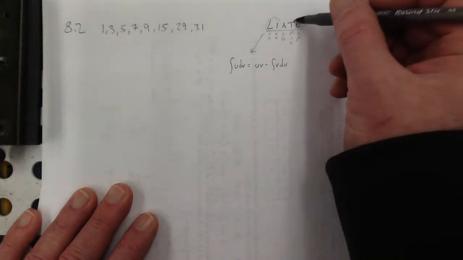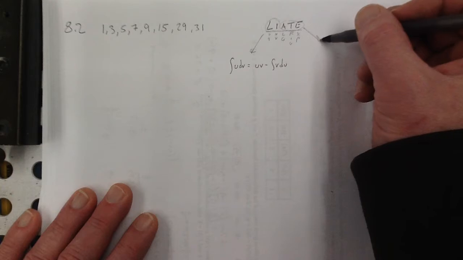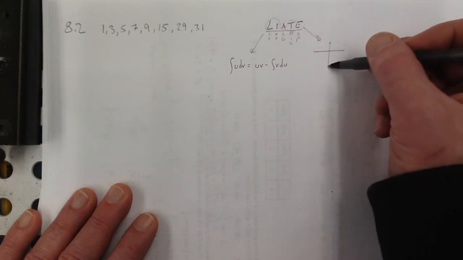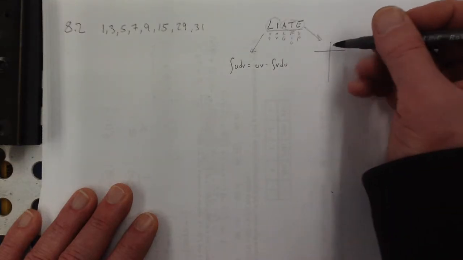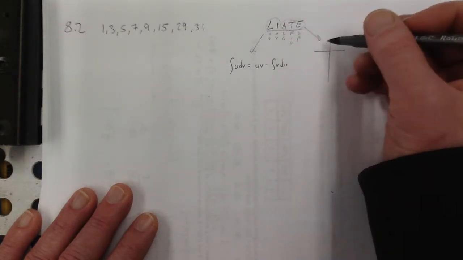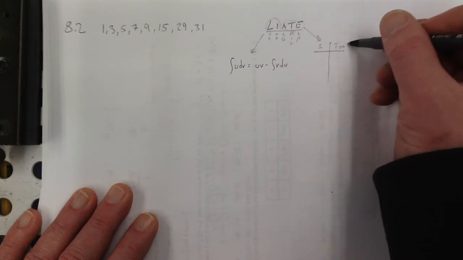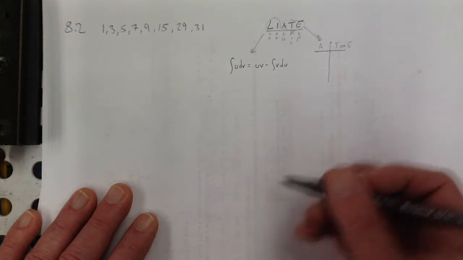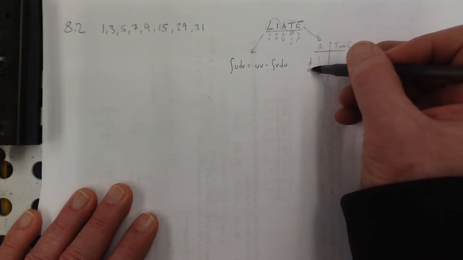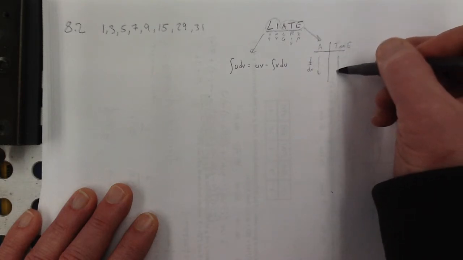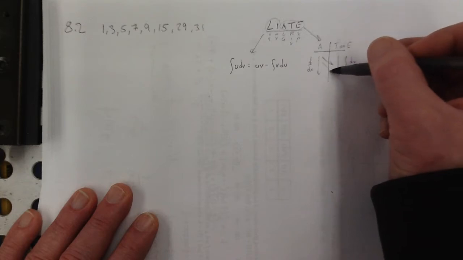Now, if you only have the ATE involved, then probably you can do the tabular integration, right? Where you pick your algebraic to go here, and your trig or exponential to go here, and you find derivatives here, and you find antiderivatives here, and you play that little tic-tac-toe game.